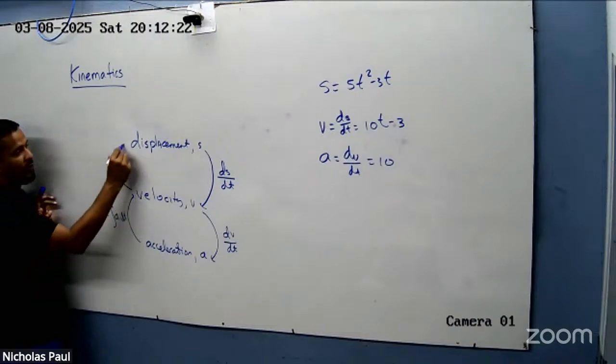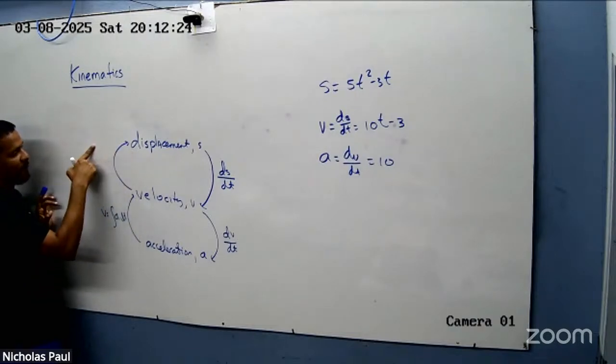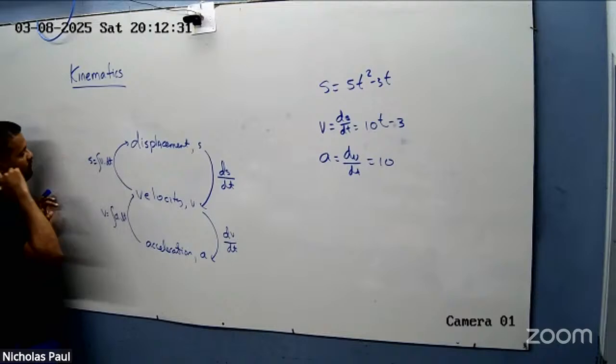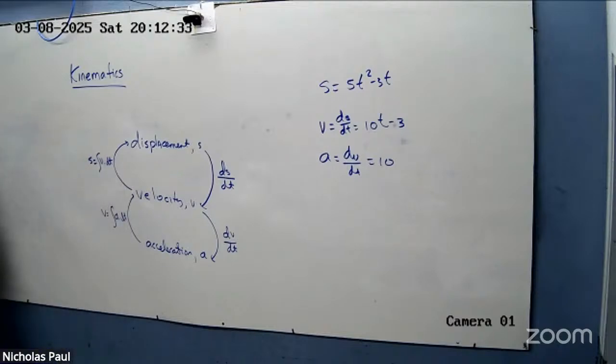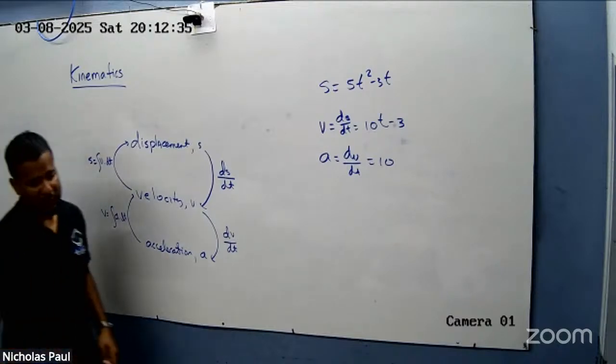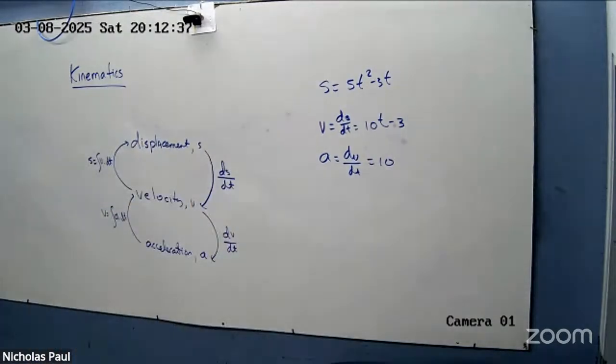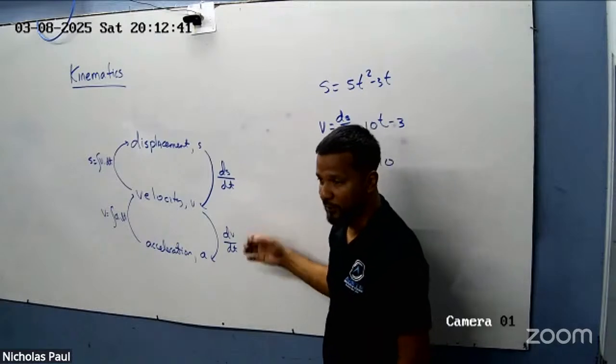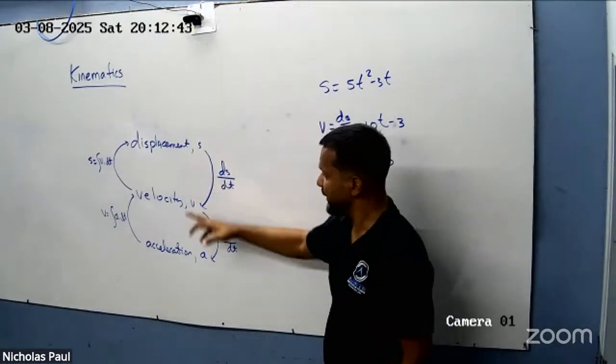To get displacement, you integrate velocity with respect to time. All right, copy it down. Let's try some kinematics questions. This is all you really have to know, but you also have to remember what displacement is and what velocity is.